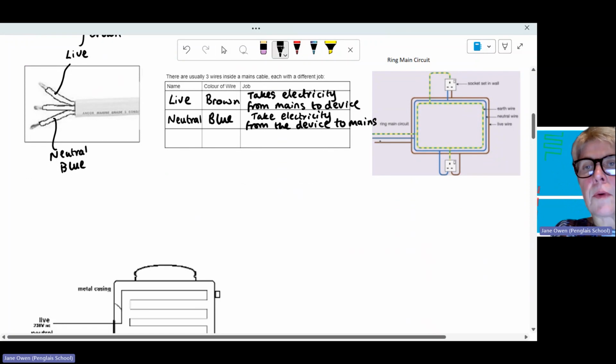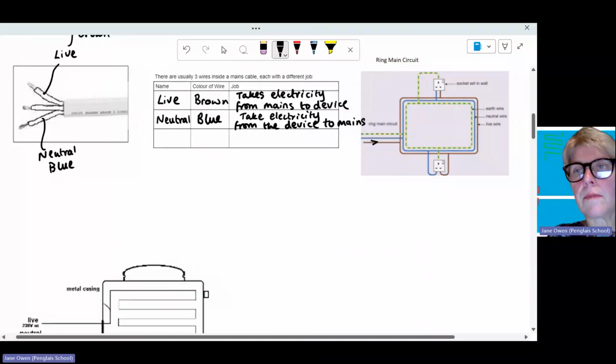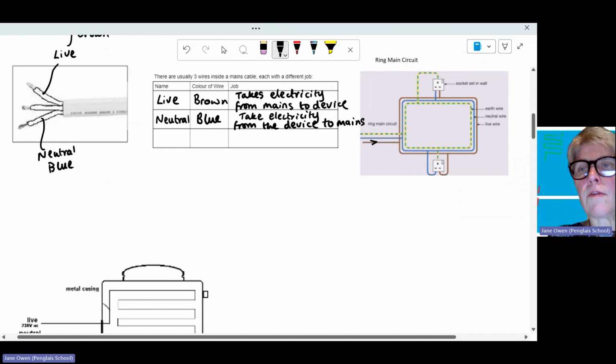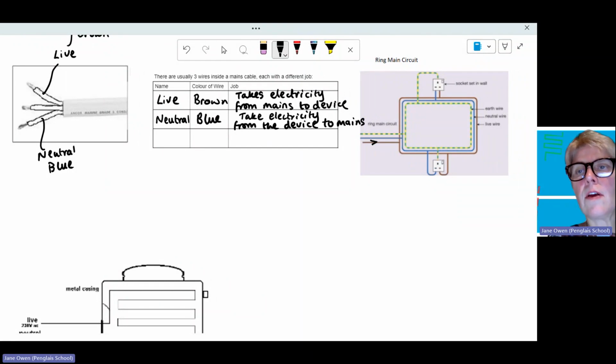the brown is where the current goes in. And then there's a ring main here with lots of plugs on from all different appliances around the house. So the houses have a ring main where all the plugs are connected into. It'll have a lighting circuit as well, but we're just looking at this ring main.